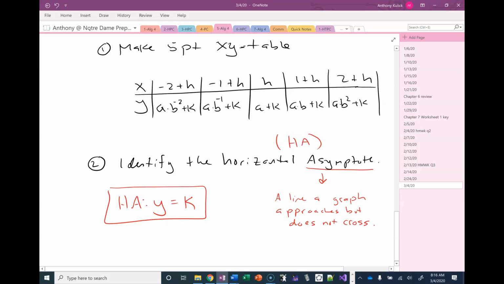So those are the two things that I need in order to graph my exponential function. I need to know how I'm going to pick my x's and y's and be able to find that horizontal asymptote. If I have that information, I will be able to draw a good graph.